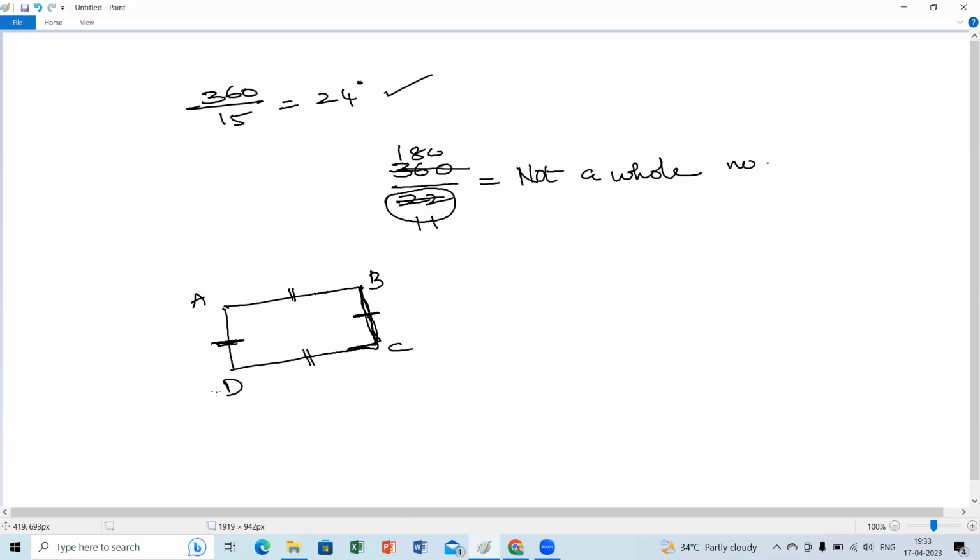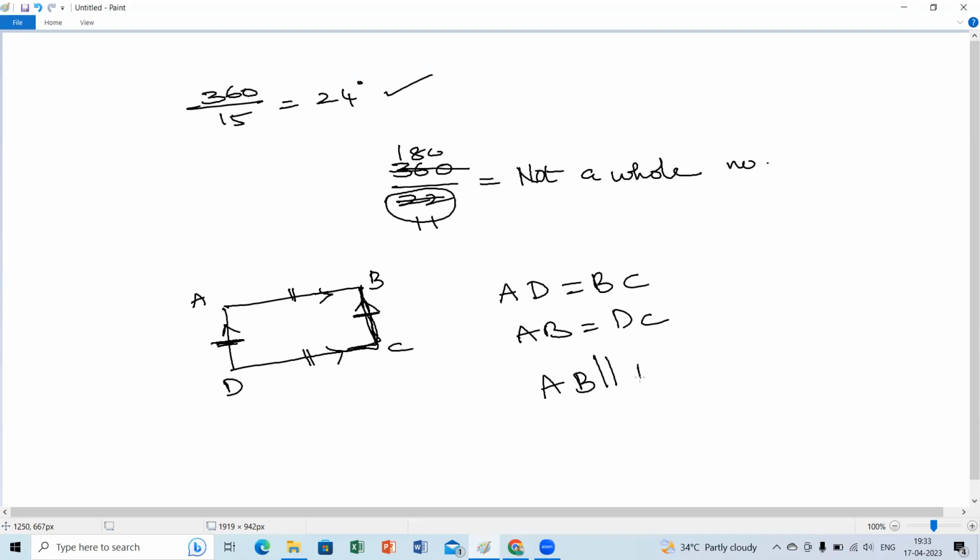AD is equal to BC and AB is equal to DC. Suppose I write the other symbol, what does it mean?